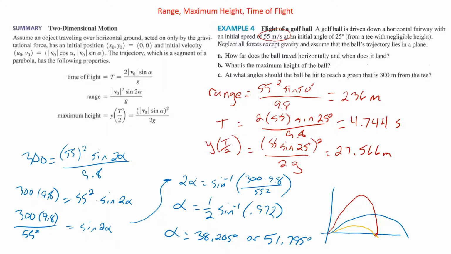And so if you take the longest way you could do it, and you either increase or decrease the angle, it'll get shorter, because either it's going to lose some of its momentum and speed into the vertical direction, so it won't go as far horizontally, or it'll have more horizontal speed, however, it won't have the time in the air to go far enough to make it that distance. So it'll get shorter. So a lot of times you will have two angles that will get you to a certain place, unless it's that maximum distance, and there's only one angle that will get you there.